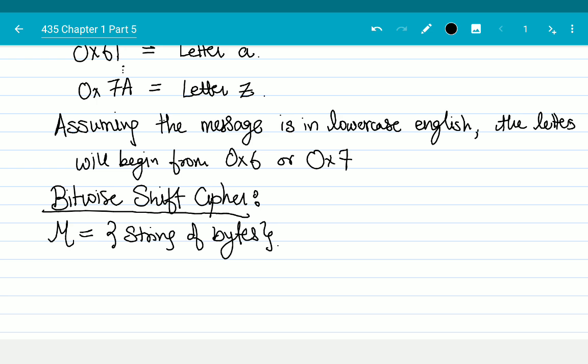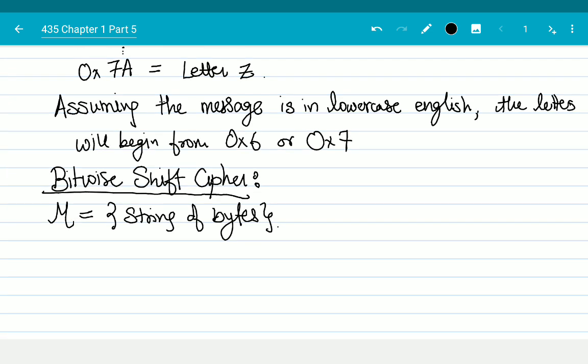So each letter is going to be some ASCII character that has a byte associated with it, okay? So my message space is the string of bytes.